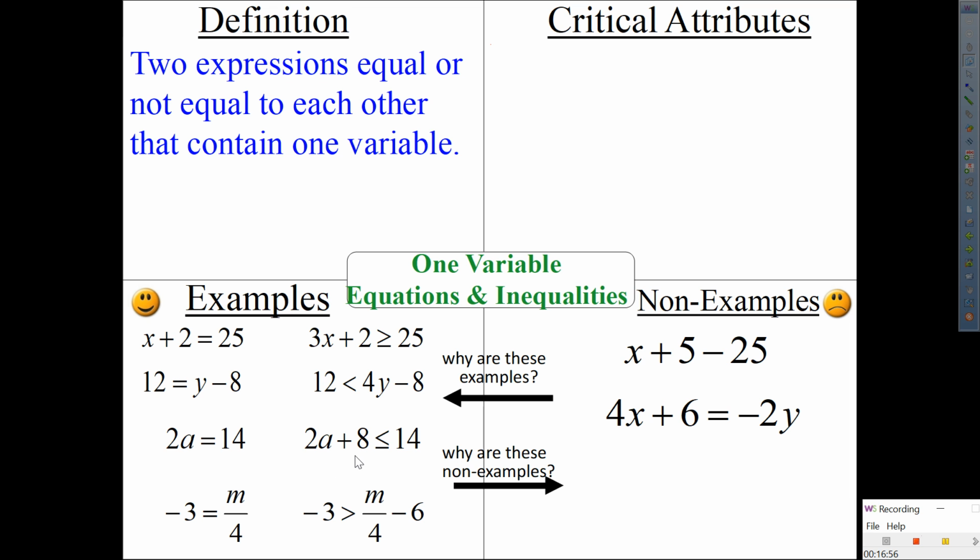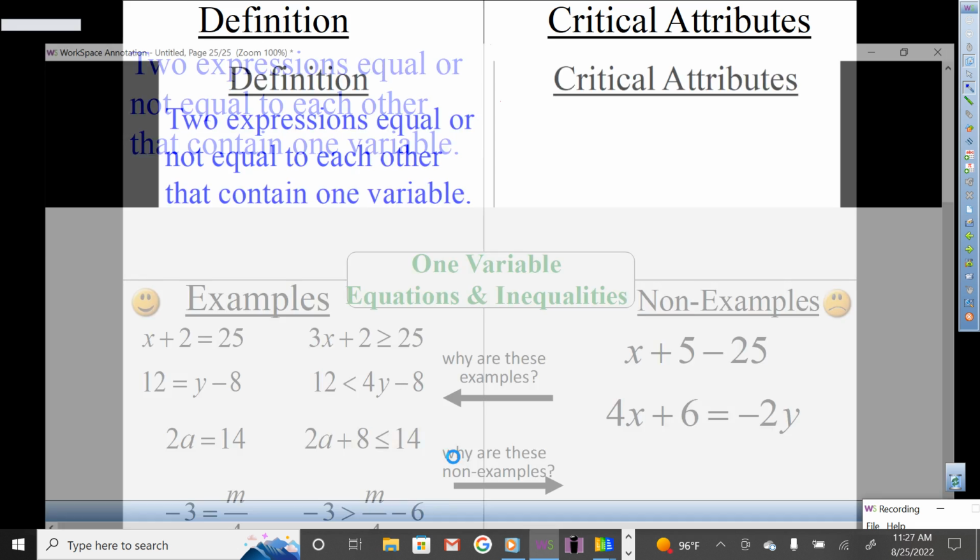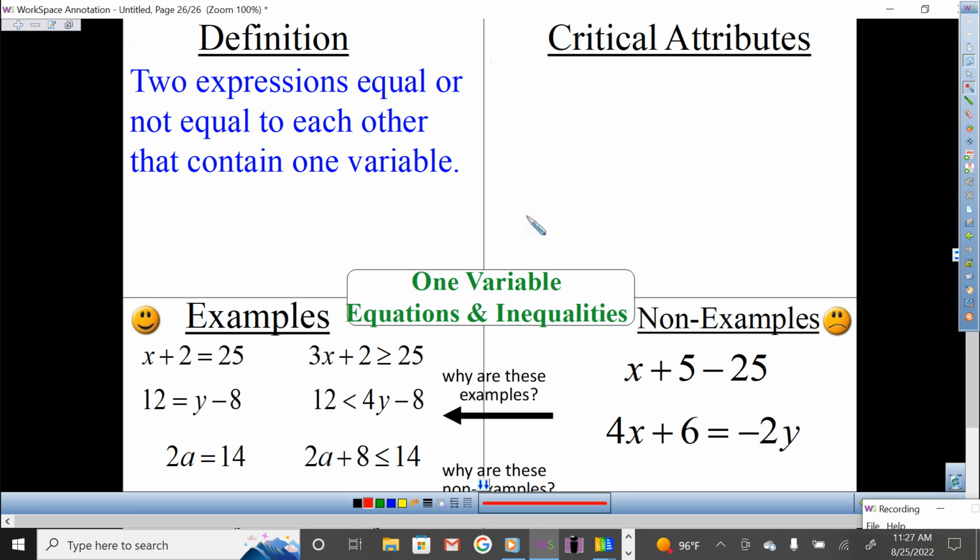You see how things make sense once you start breaking it down? They should make sense, okay? So if I was to ask you to take a picture and put this on your Insta, what would you hashtag what one variable equations are? Hashtag what? One for life. Yeah, I'll take that.